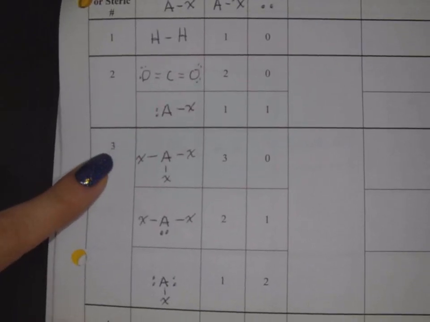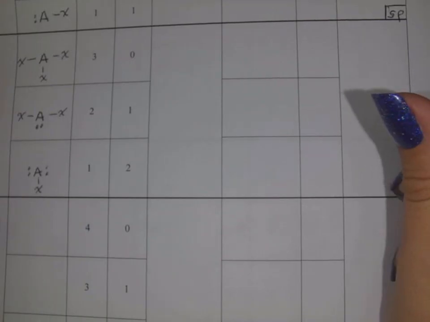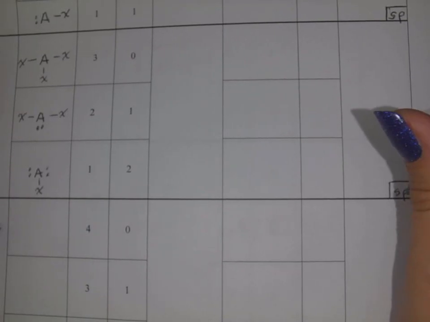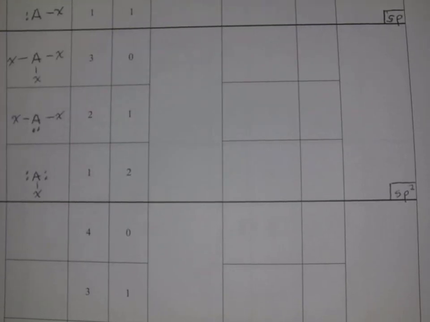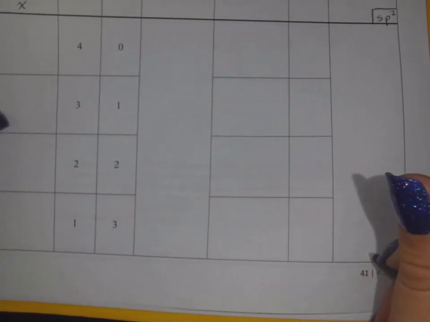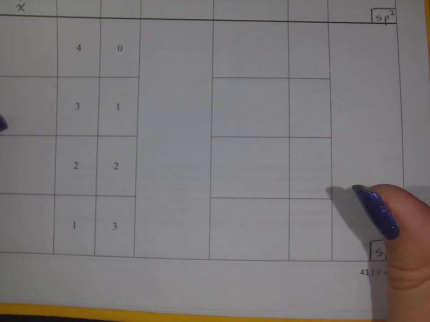And then 3, all the way down in the corner here, this is an sp2, because 1 of the hybrid orbitals used to come from s, and 2 of them came from p for a total of 3 hybrid orbitals. So we'd say the hybridization is sp2, and the one that we looked at just barely in the example was a steric number of 4, and so this would be sp3.